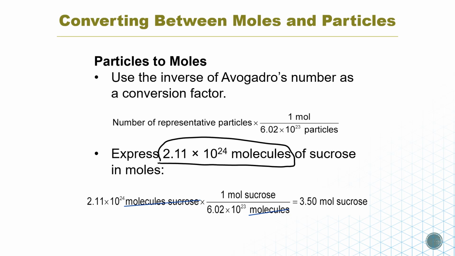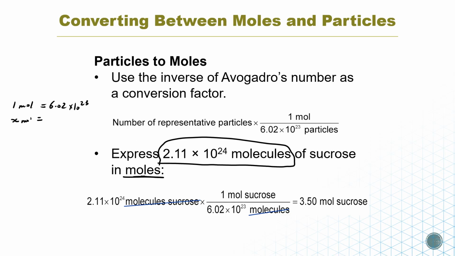Now what they want, they give you the number of molecules. They gave us the number of atoms or molecules, and what they want is the number of moles. Okay, they want the number of moles. So basically, the opposite: I have 1 mole gives me 6.02 times 10 to the power 23. Now what they want is the moles.